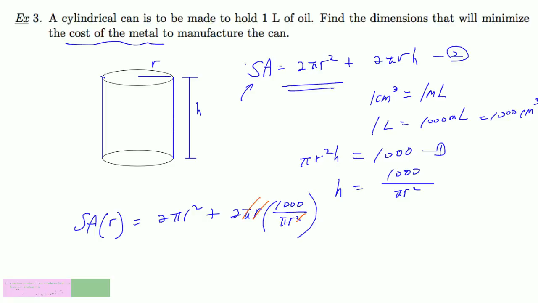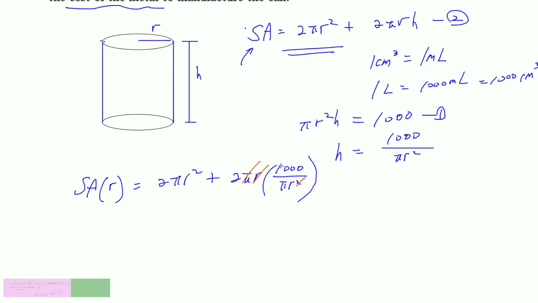I just reduced some pi r, so we have 2 pi r squared plus 2,000 over r. So that's a function of r.